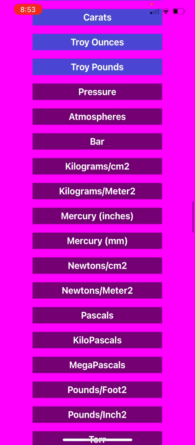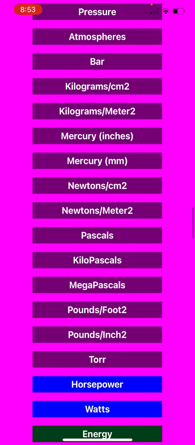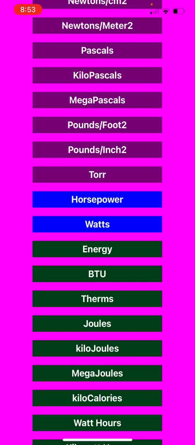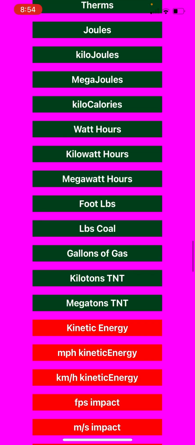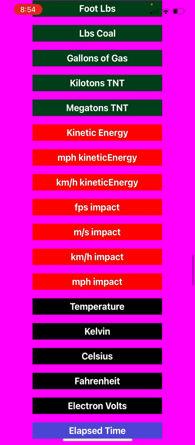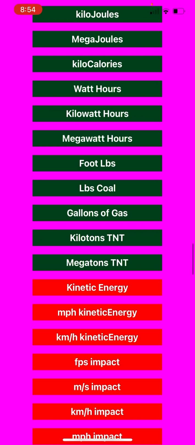So if we go down to pressure, we have bar, atmosphere, and then torr for Torricelli. We have a little thing here on horsepower and watts. We have energy, such as BTU, therms, kilowatt hours, and even megatons of TNT if you wanted to look up some of the Wikipedia pages about nuclear explosions that have happened. When you're trying to understand how much energy they're talking about, you can throw those numbers in here and compare them in terms of therms or pounds of coal.